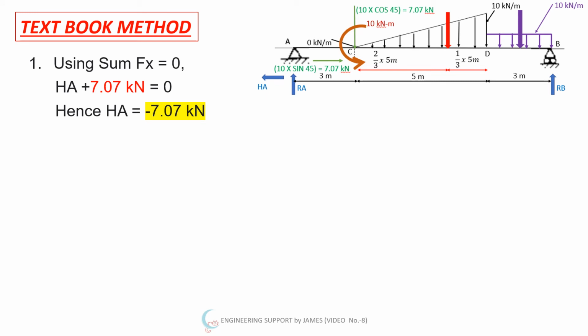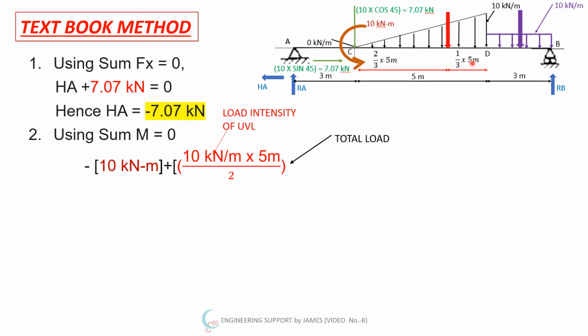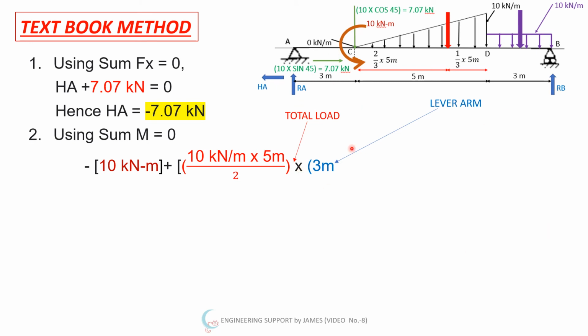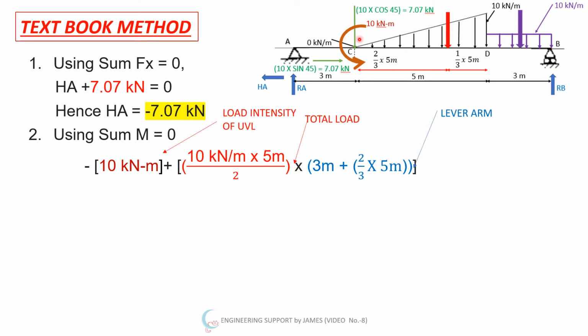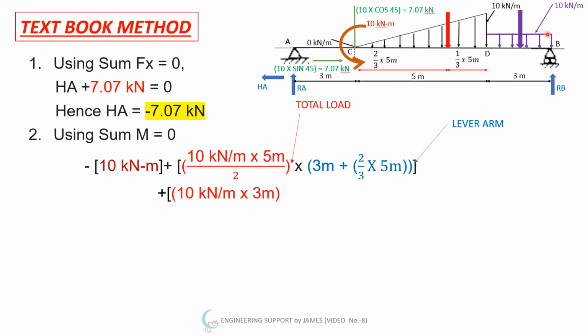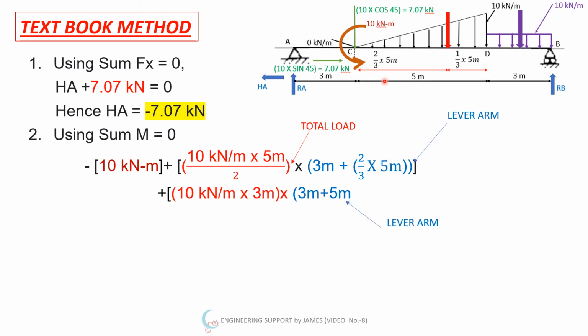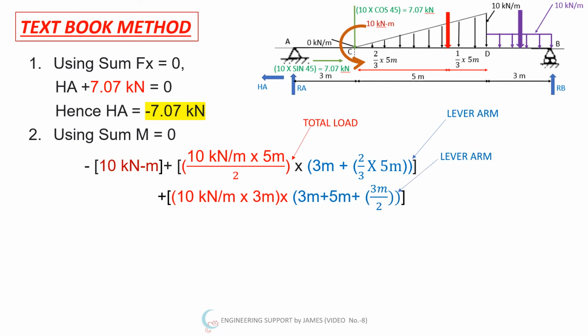Now for the vertical forces, the summation of moment at A we are considering positive. So minus 10 kilonewton meter anti-clockwise moment, plus 10 kilonewton multiplied by 5 divided by 2 is the total load. Then we multiply it with the lever arm, that is 3 meter plus 2/3 of 5 meter. This is the total lever arm. Then we consider the UDL, that is 10 kilonewton per meter multiplied by 3 is the total load. Then the lever arm will be 3 meter plus 5 meter plus 3 divided by 2 meter.